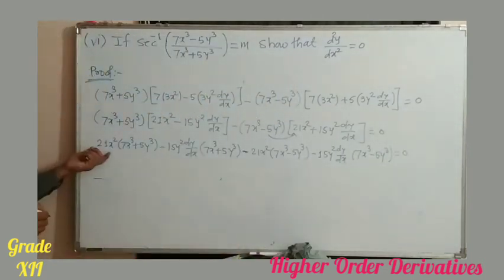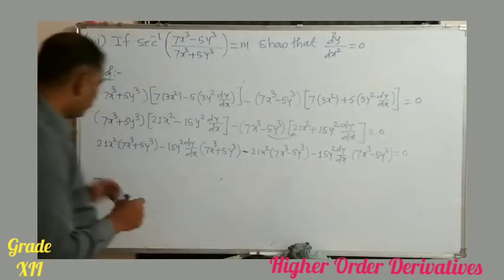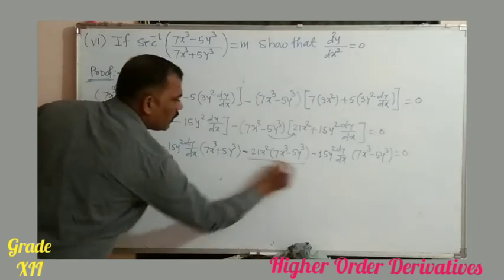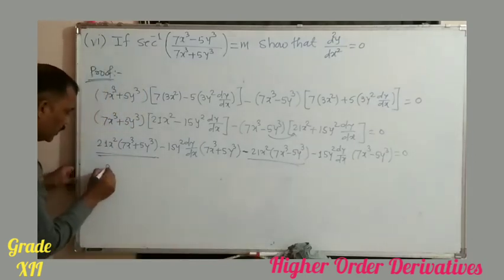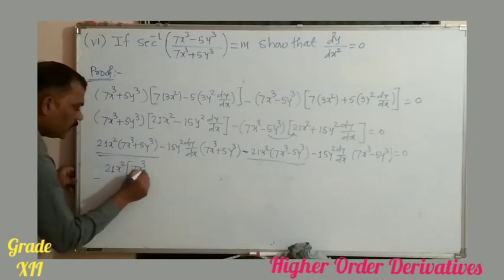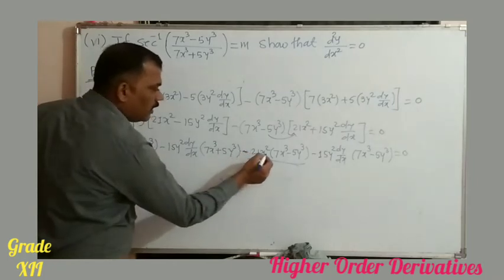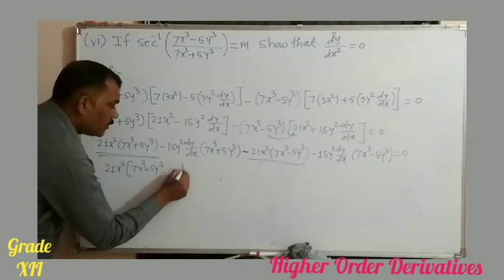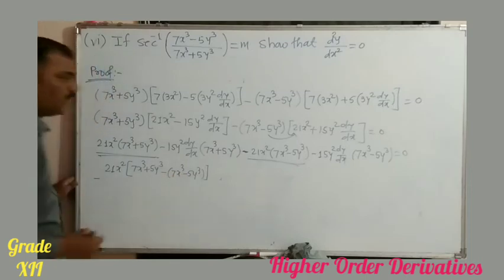Now see here, 21x² here and 21x² here, so we take 21x² common. What is remaining is more important: 21x² into this bracket as it is, (7x³ + 5y³), minus this as remaining, minus (7x³ − 5y³), the square bracket as it is.